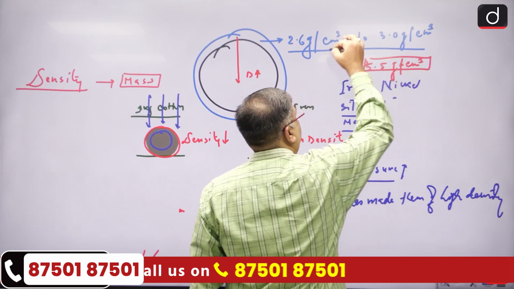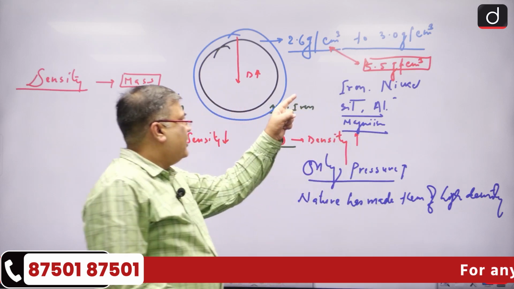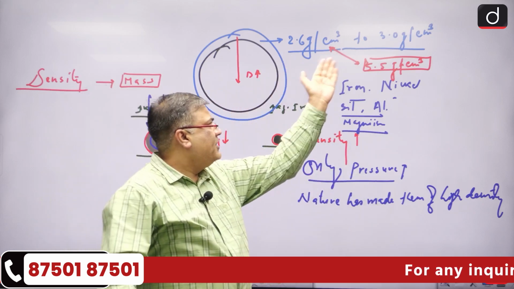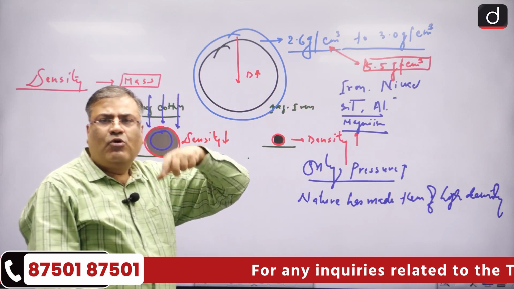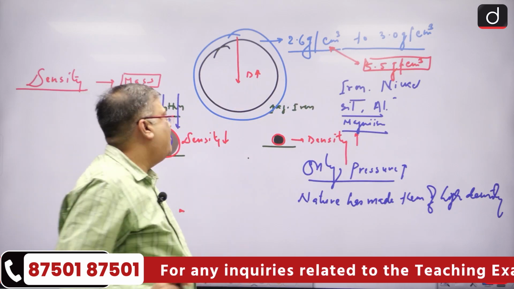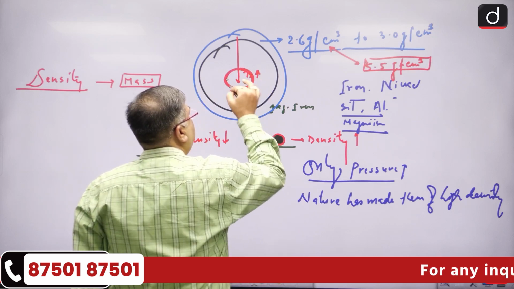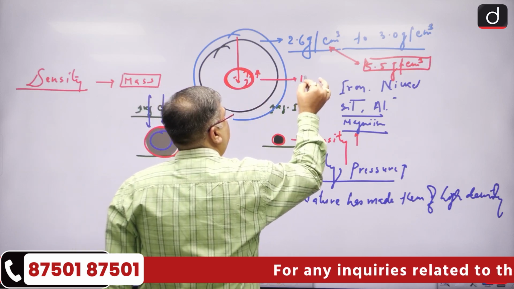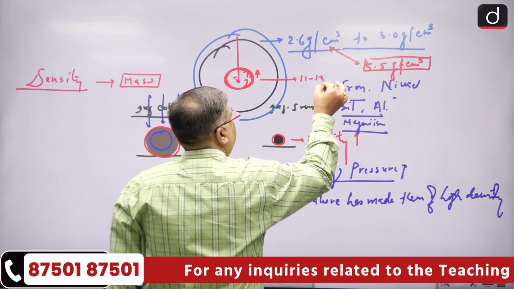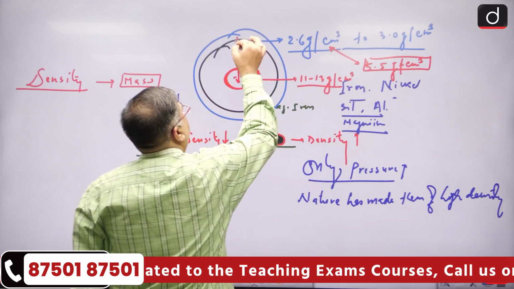Then how will you make this compensation? The gap between 2.6 or 3 and 5.5 you can compensate only by concluding that in the interior the density should be very high, around 11 to 13 gram per cubic centimeter, to fill this gap.